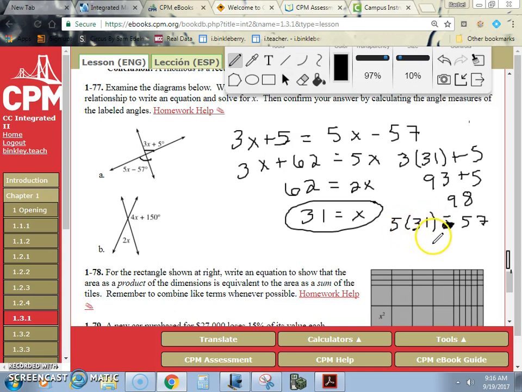So 5 times 31 is going to be 155. Minus 57 is 98. So we know we're correct because vertical angle theorem says that those two angles are going to be the same. Okay, let's do the other one.